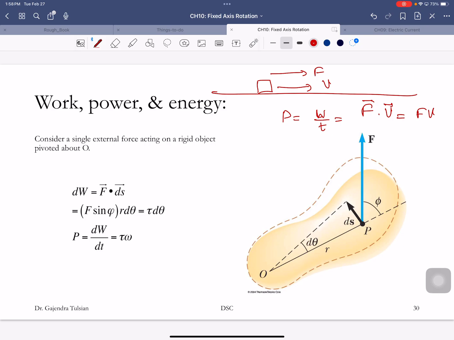Similarly, if a motor is rotating an engine, and if there is friction, it has to apply a torque. The rate at which that motor is working is the torque it applies times the rotational speed of the engine. So that's the power of the motor: the torque it's applying times the angular velocity. You guys understand?